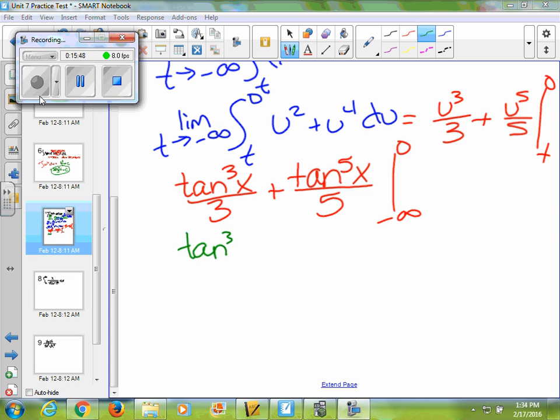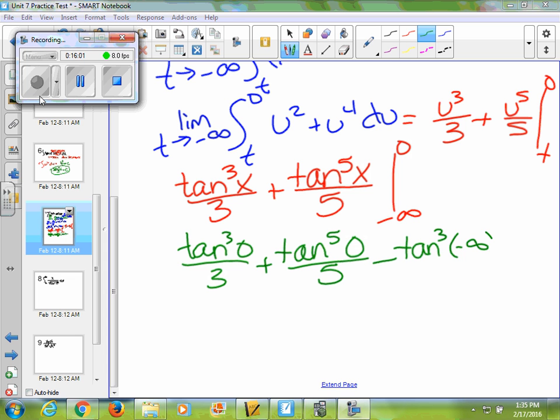So then if I plug in my limits of integration, I get tangent cubed of 0 over 3 plus tangent to the 5th of 0 over 5 minus tangent cubed of negative infinity over 3 minus tangent to the 5th of negative infinity. Oh, that kind of looks like an 8. It's supposed to be an infinity symbol. Over 5.